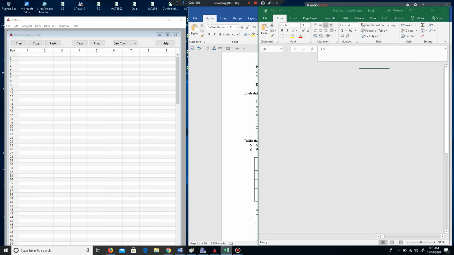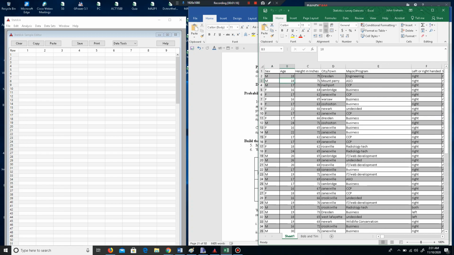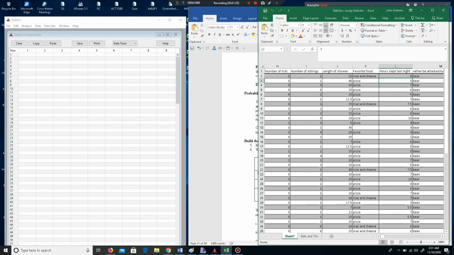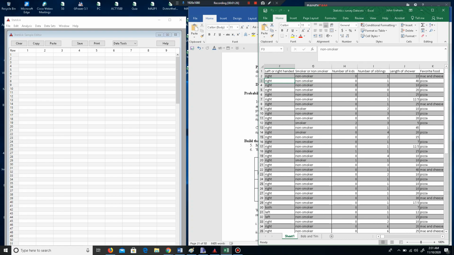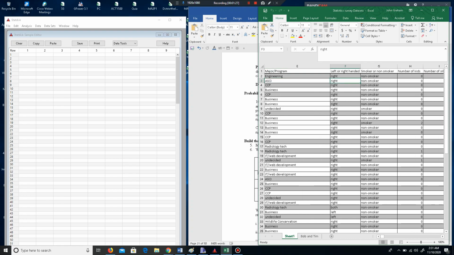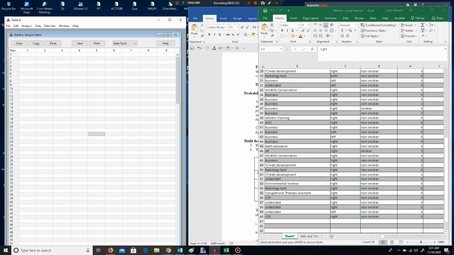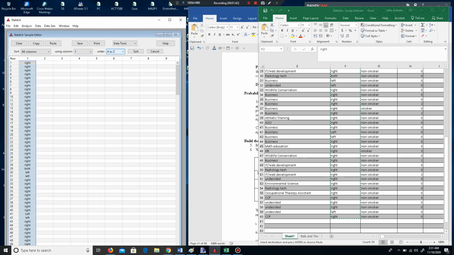So let's pull up the data. This may be a different number based on what semester you're in. I have to find my left hand, right hand. There's the attack by bears. We need that. I'll just copy this down, Control C, Control V. And then I'm going to sort it by column 1.